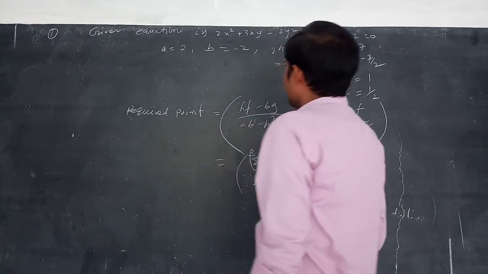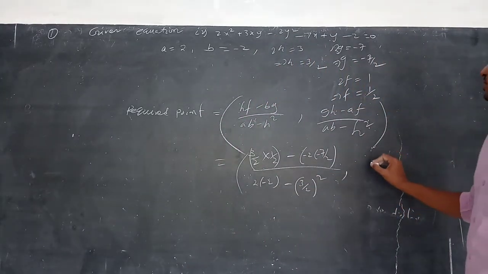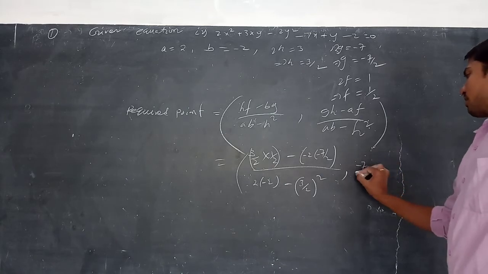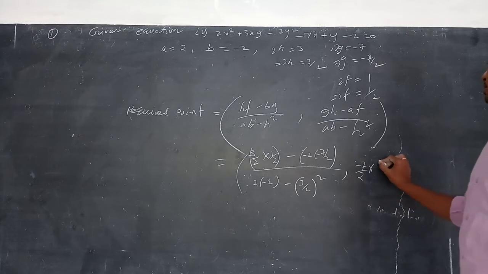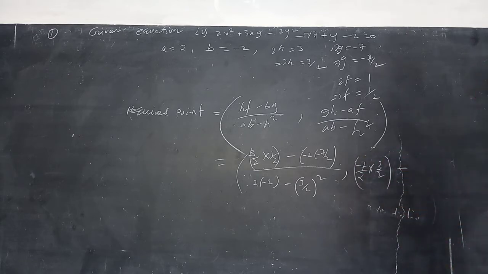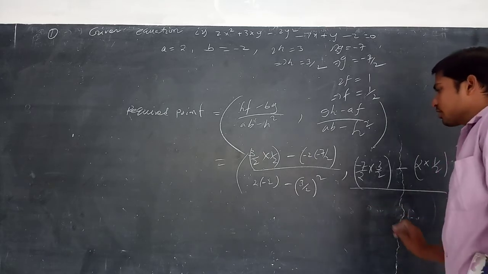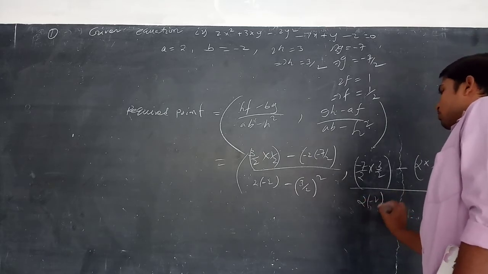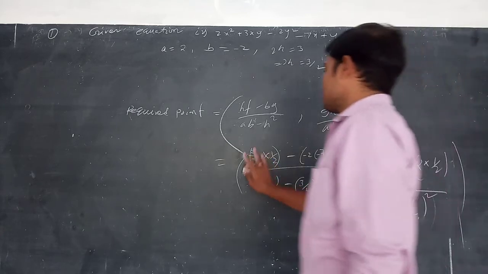Observe very clearly, children. gh minus af. What is g here? Minus 7 by 2. What is h here? 3 by 2. Clear? gh minus af, 2 into f, 1 by 2. Right? Denominator: 2 into minus 2 minus 3 by 2 whole square. Close the brackets.